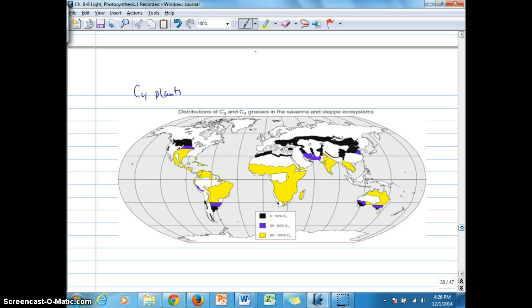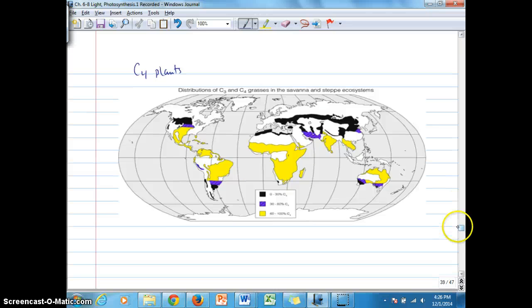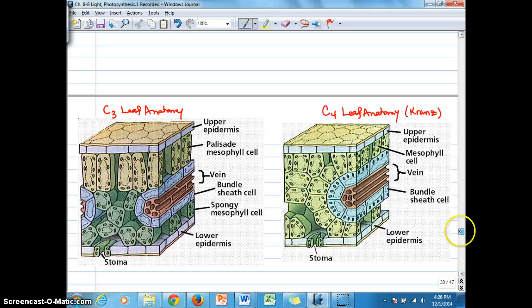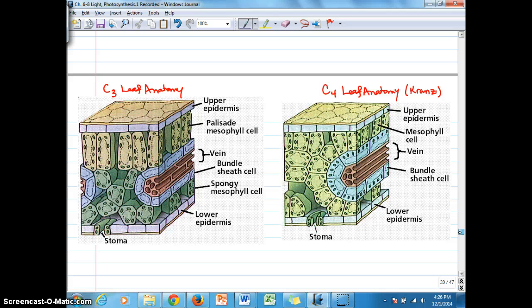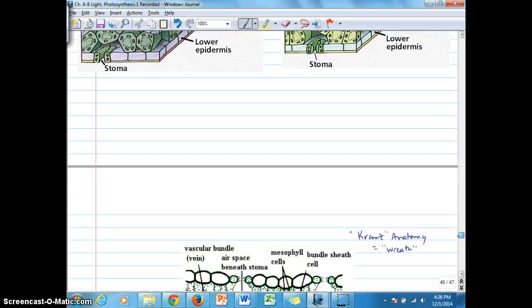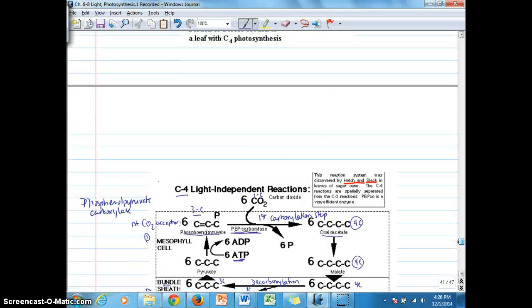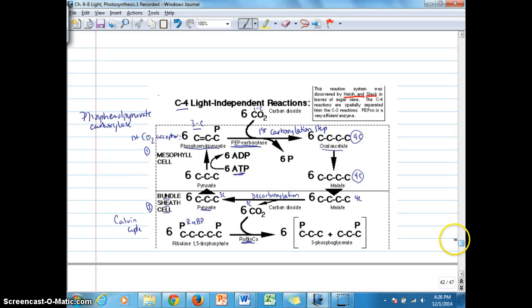And CAM plants are more arid types of plants, as well as xerophytes as well as epiphytes, plants that grow on other plants. So we spent a little time looking at C4 photosynthesis in the last video, looking at the difference in the anatomy, which is going to be advantageous here to its physiological steps here.